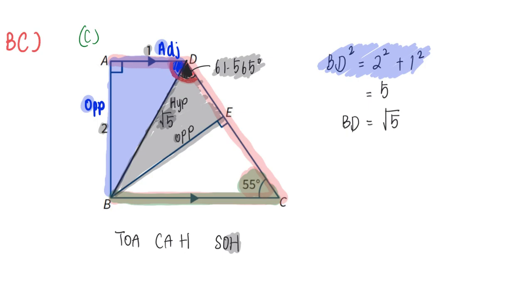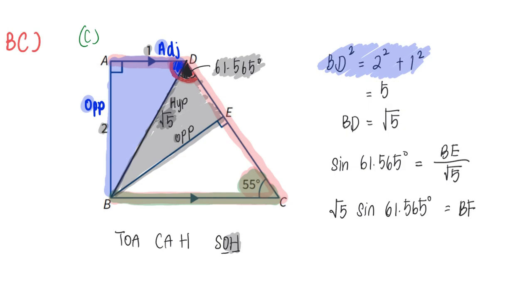Yes, my sine ratio. Sine of 61.565 degrees equals opposite over my hypotenuse, which is square root 5. So all we have to do is multiply square root 5 on both sides and press the calculator. This gives me 1.9663 to 5 significant figures for my BE.